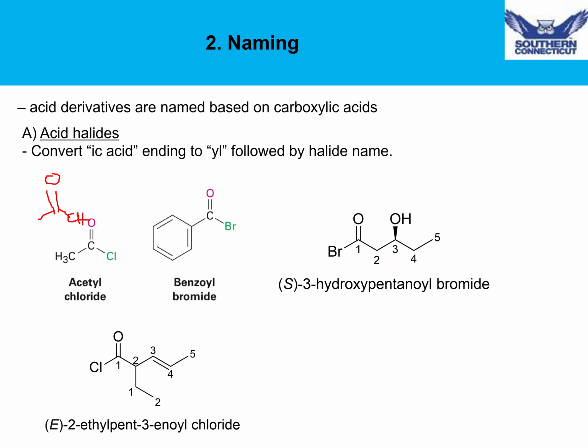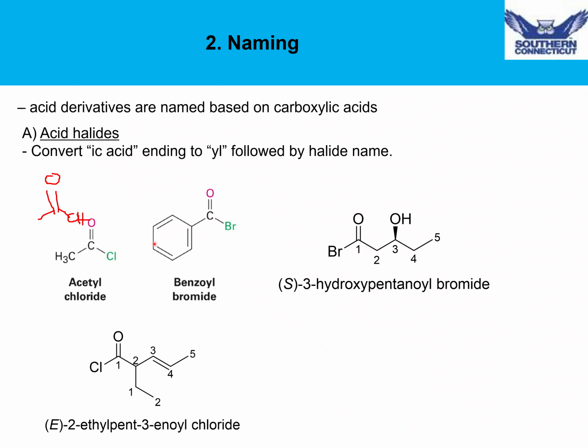If we replace the OH group with chlorine, we have acetyl chloride. So we derive the name from acetic acid, change the -ic acid ending to -yl, so acetyl, and then add the halogen, which is chloride. So acetyl chloride is the name for that compound.